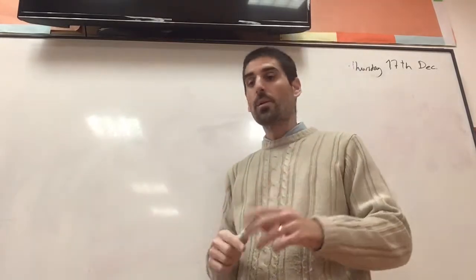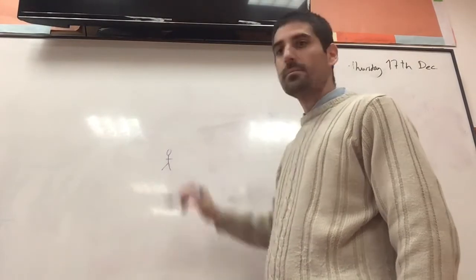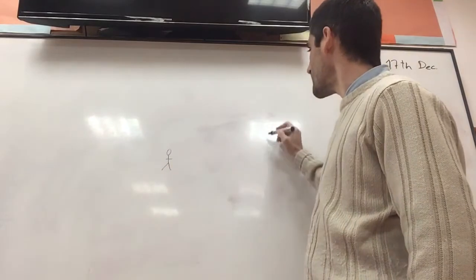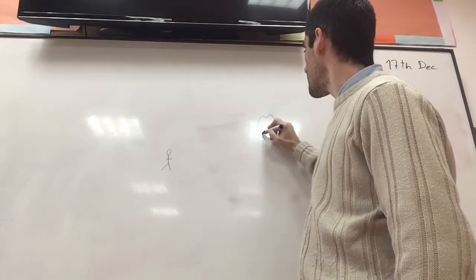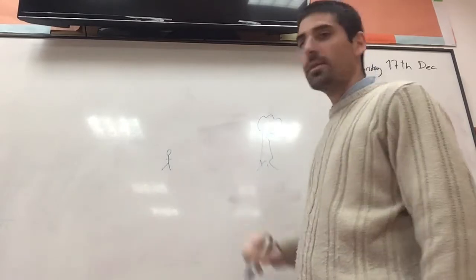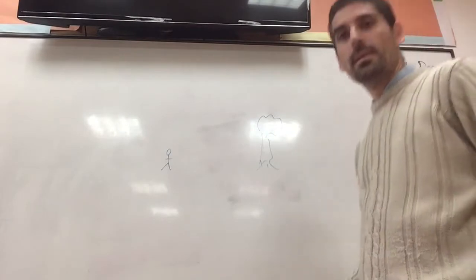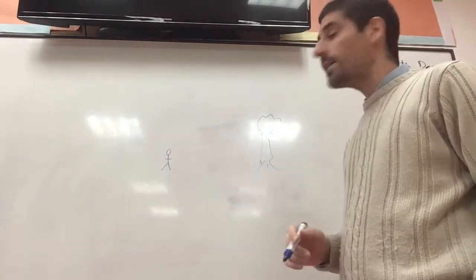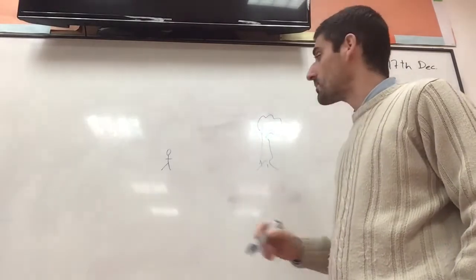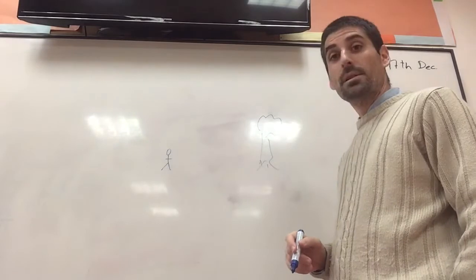So the classic question is, I'm standing here and I'm looking at the top of a tree, if you can see the drawing there. The angle of elevation with which I'm looking at the top of a tree, they tell me, is 35 degrees.